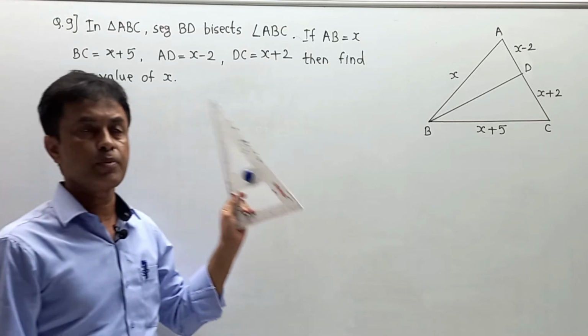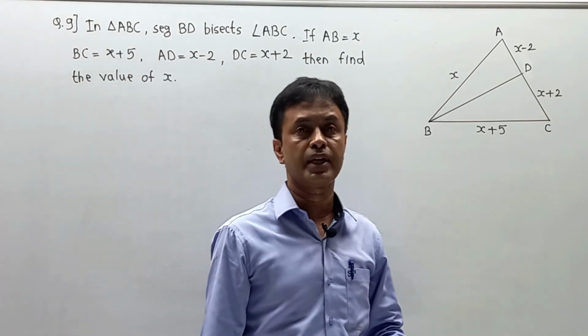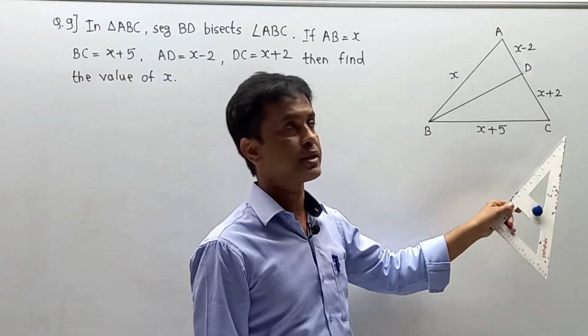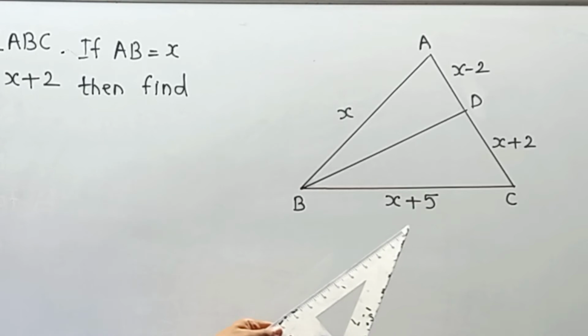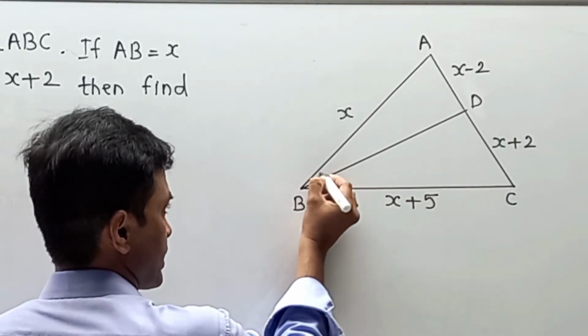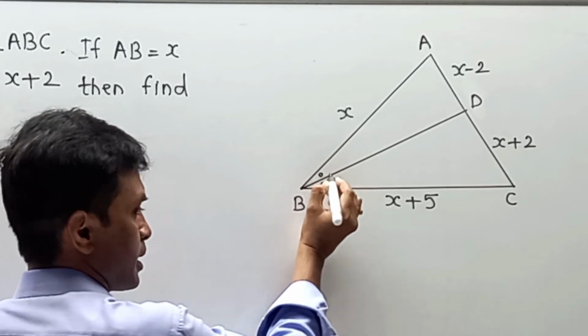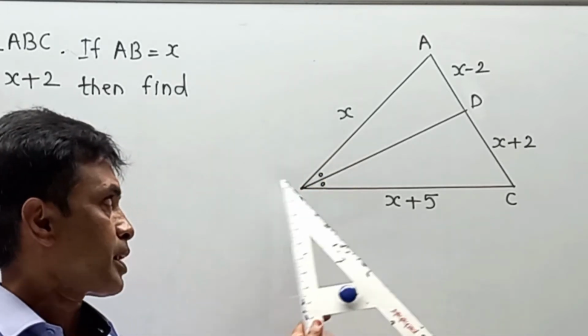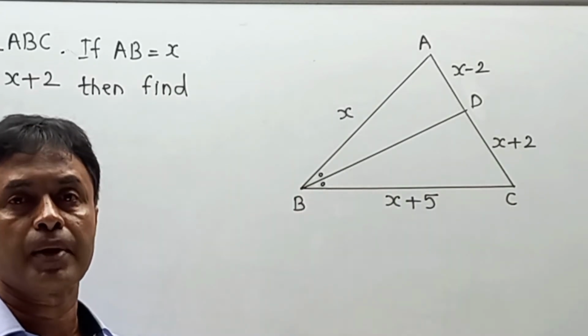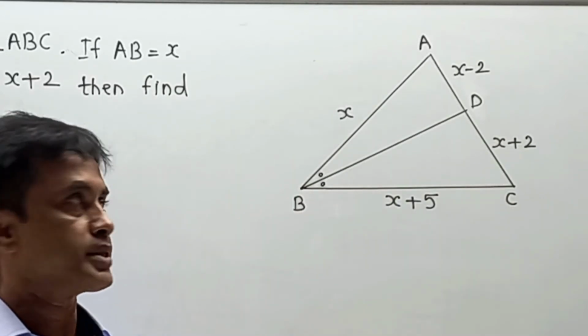Now I am going to explain the same numerical from a diagram point of view so everyone can understand. Here in triangle ABC, as per the first condition, BD is a bisector, meaning these two angles are equal. Now as BD is an angle bisector of ABC, we can simply apply the angle bisector property.